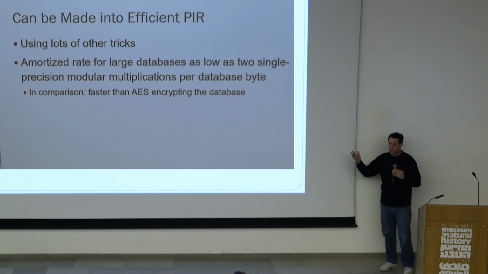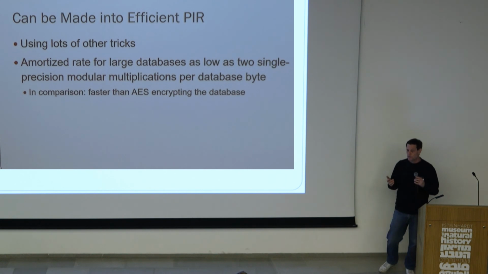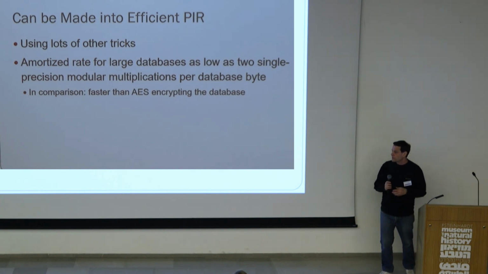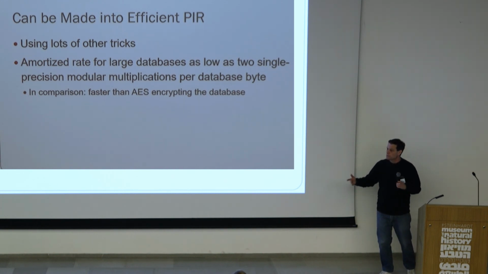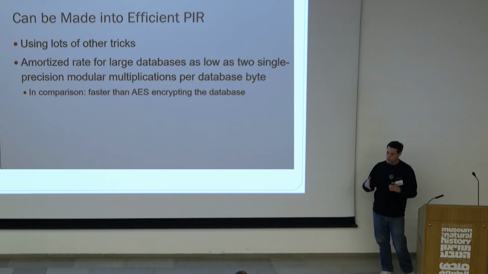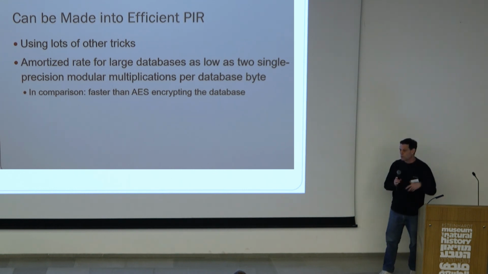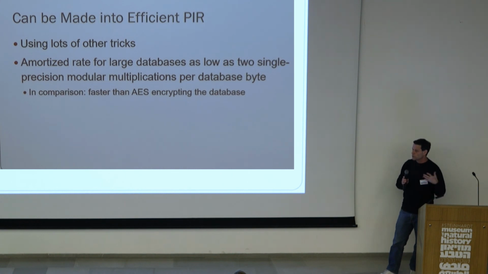So it's faster than what it takes to compute AES in software. It's a public key construct, like private information retrieval, and it runs faster than symmetric key AES, which is a relatively rare thing. The reason it works is because you can compress very quickly at the very beginning, and after that you do more operations that don't matter all that much because you're doing it on a lot less data.